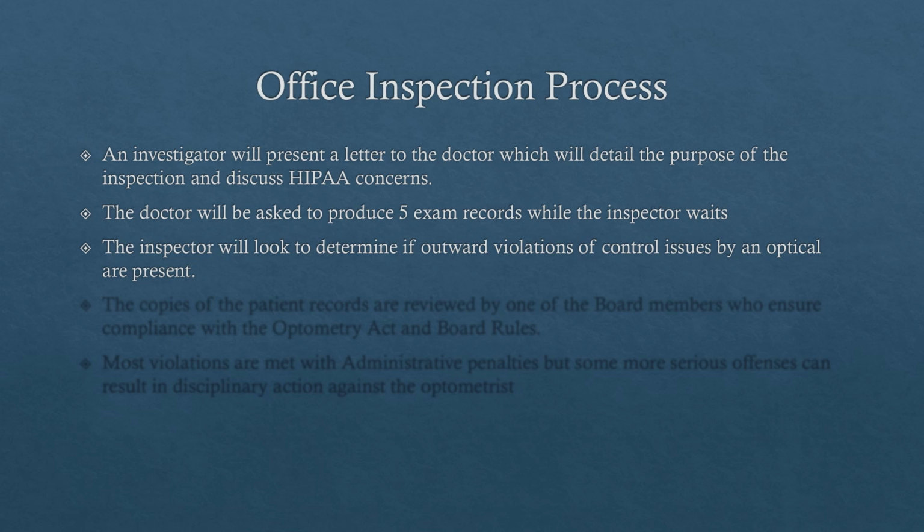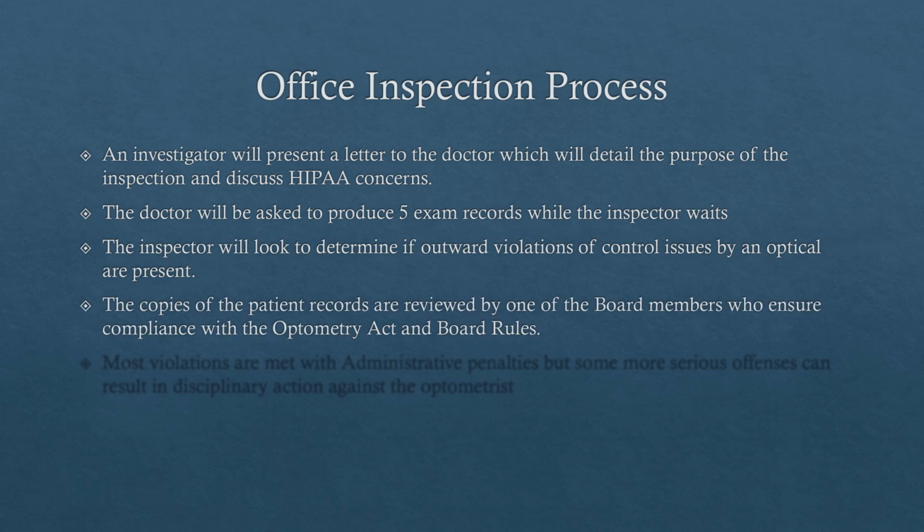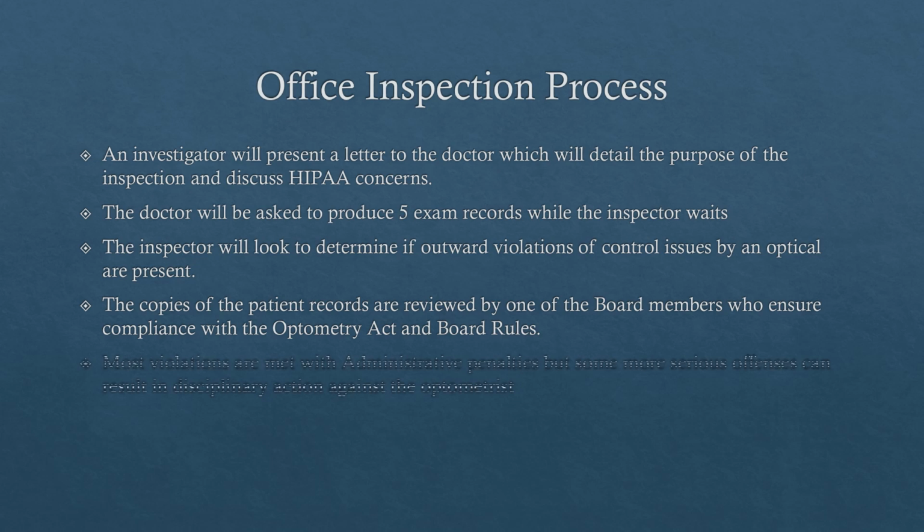This is definitely one of the things that we see year over year where doctors are administered penalties because they are violating some sort of control issue by an optical. The copies of patient records would be reviewed by one of the board members who would ensure compliance with the Texas Optometry Act and board rules.